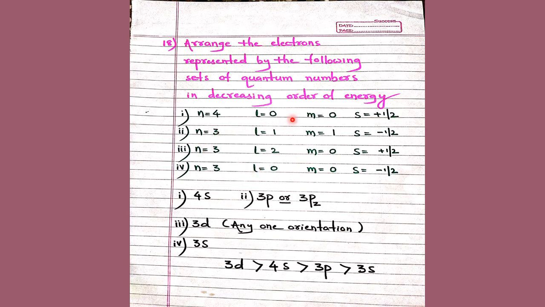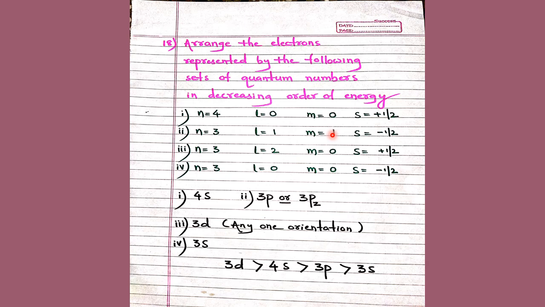But here m is one orientation. What is that orientation? Either 3px, 3py or 3pz, you are most welcome to take any one. So I have taken 3pz. Here, what is the orientation? -1, 0, +1. It is +1. So I have taken the last one, 3pz.